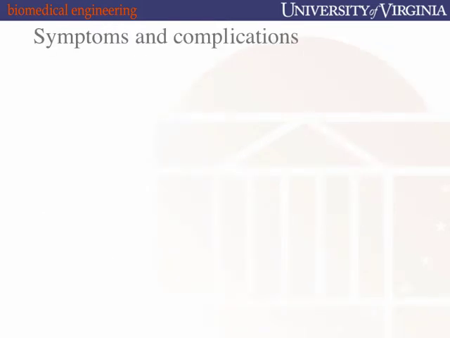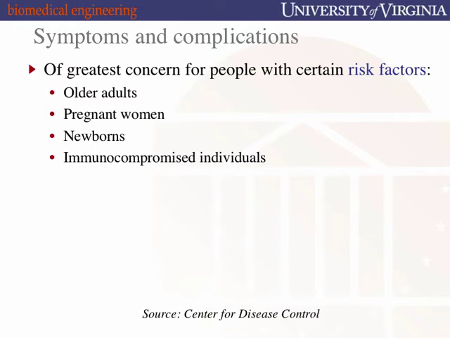So what are the symptoms and complications? Listeria is of greatest concern for people that, in general, are categorized by a weakened or poor immune system. And so that's the one thing that all these folks have in common: older adults, pregnant women, newborns, and other immunocompromised individuals.